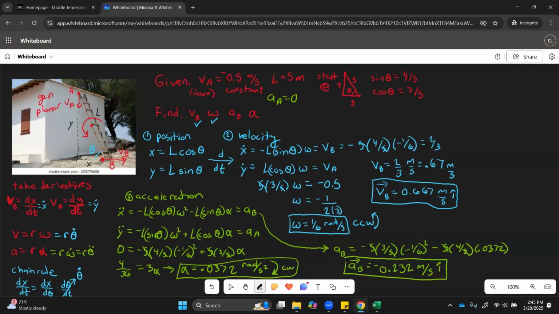So this negative acceleration means that B is slowing down. And that should make sense because B is going to be moving to the right really fast when the ladder is straight up. And by the time the ladder hits the ground, B can't go any further to the right. So it has a negative acceleration from the start to the end.